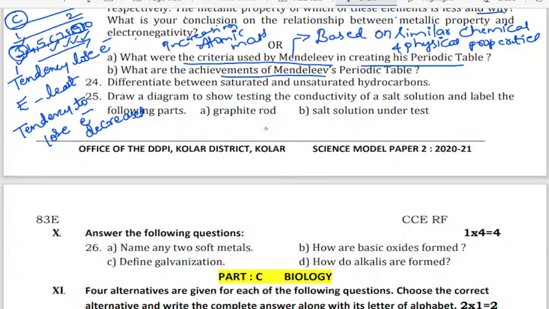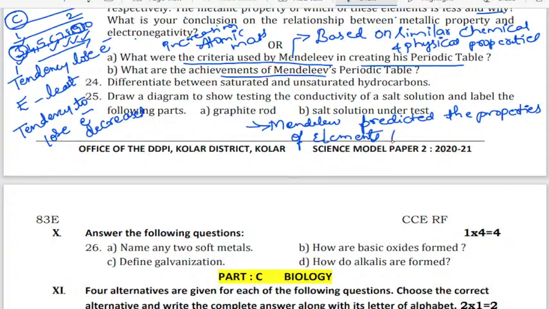Some of the elements were not at all discovered, so he predicted the properties of elements which would come in the upcoming generation. This was one advantage, or we say merit.